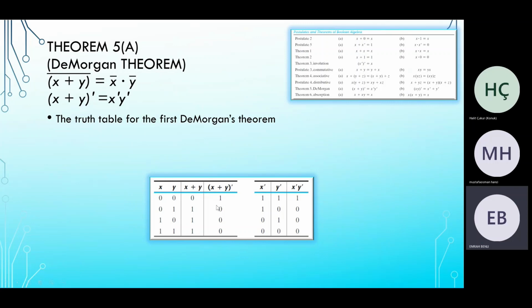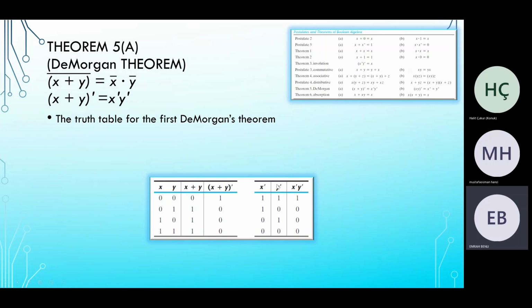So now what we want is to prove that the complement of x or y equals the complement of x and the complement of y. So let's find the complement of x first. We just need the complement of these variables here. 0 will be 1, 0 will be 1, 1 and 1 will be 0: 1, 1, 0, 0.